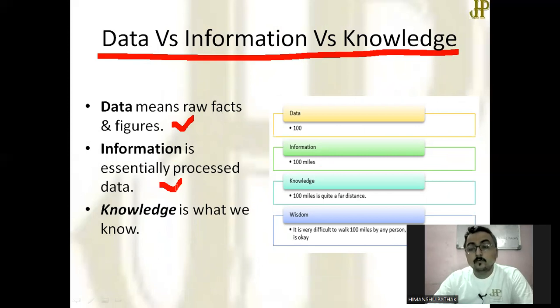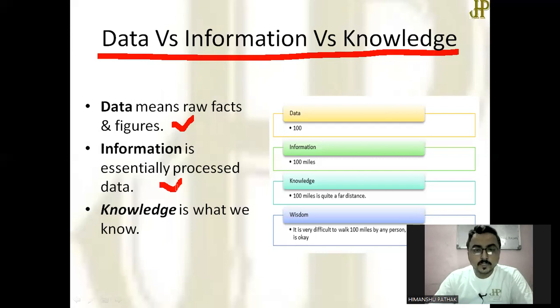Knowledge is what we know from the information. So in the previous example, we know about a person Ram who has a collection of pens and that quantity is 5. This knowledge is gettable from processed data.